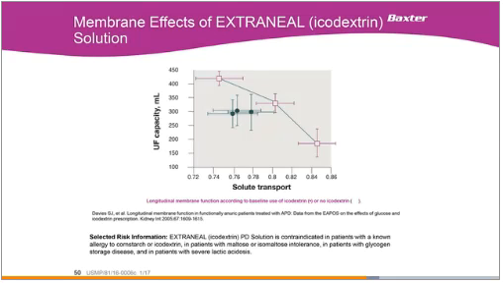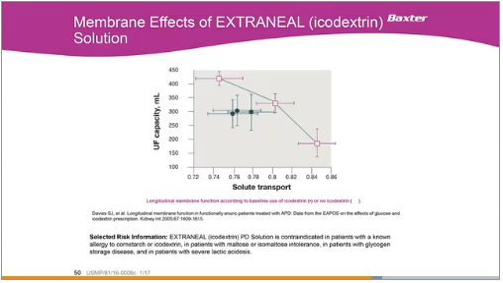Patients exposed to higher dextrose concentrations in the dialysate over time have been described to develop a neovascularization in the peritoneal cavity that translates into a higher transport status, faster transport. So you can see that migration toward higher transport status in the squares. The dark circles is the Extraneal group.